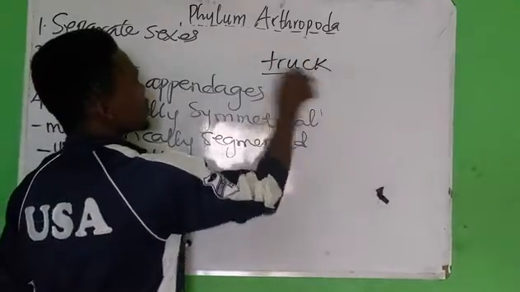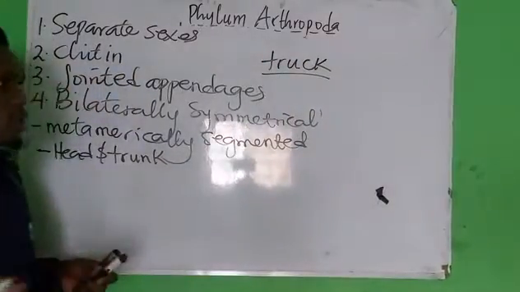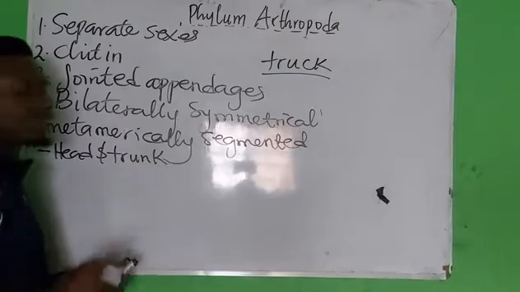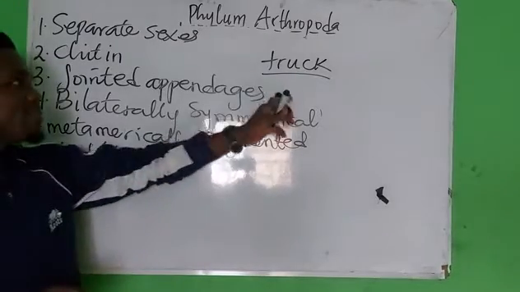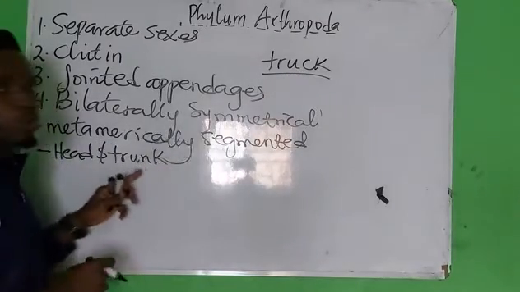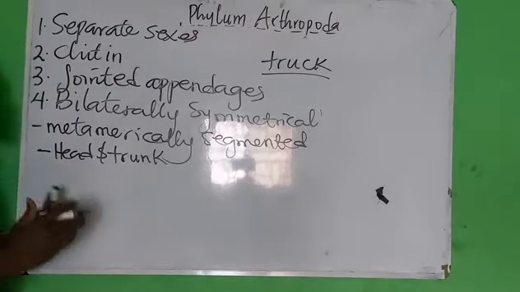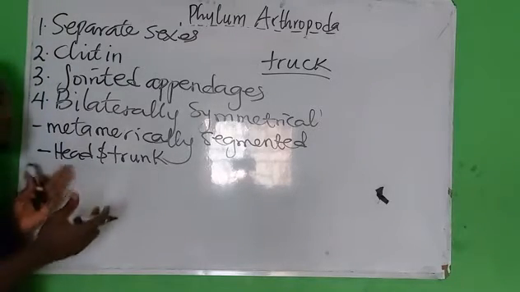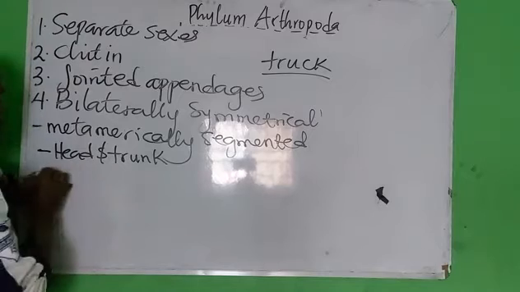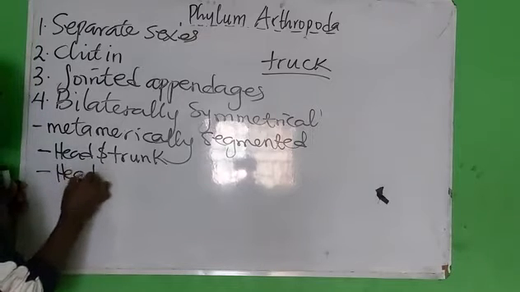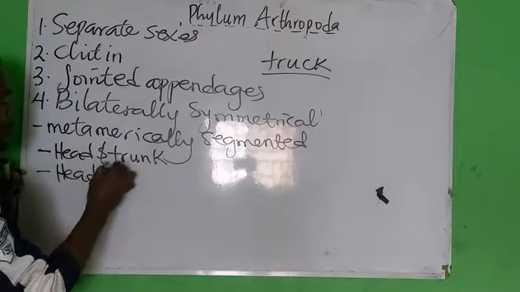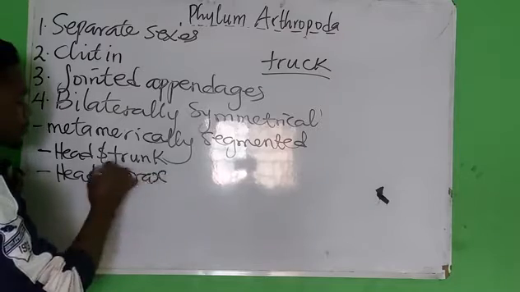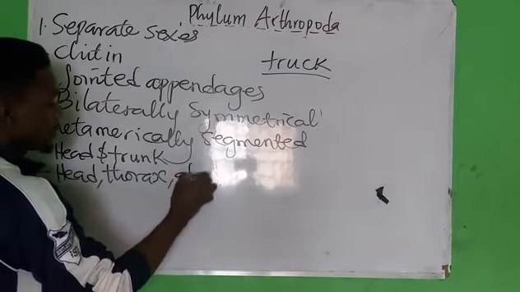They made a mistake. Okay. So some of these organisms have head and trunk. Some have head, thorax, and what? Abdomen.